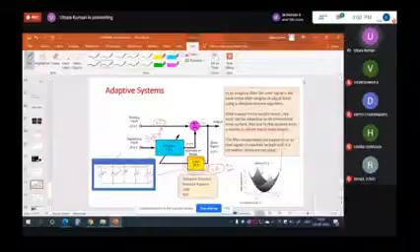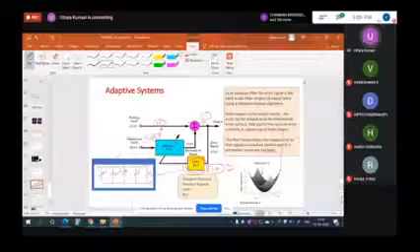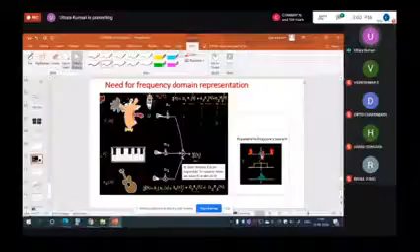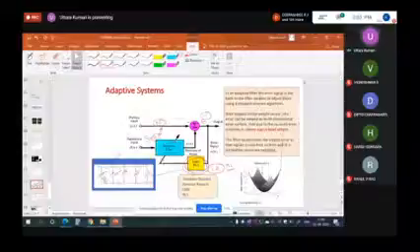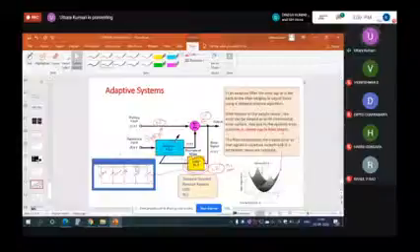Why are we going for this? Because in the previous case we have seen that there is an overlap of noise and signal spectrum. Because of that overlap, instead of predefined calculations, we use an iterative or adaptive method to adjust the weights.